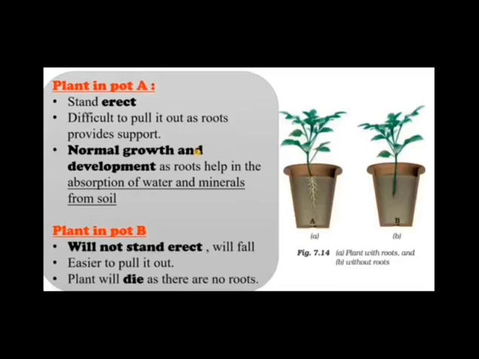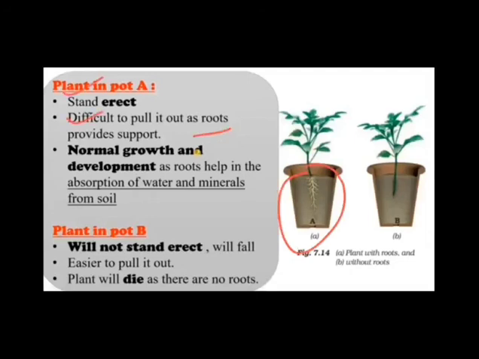You will find that the plant in pot A, this one, will stand erect and it is difficult to pull it out as roots provide it support, and it shows normal growth and development as roots help in the absorption of water and minerals from the soil.